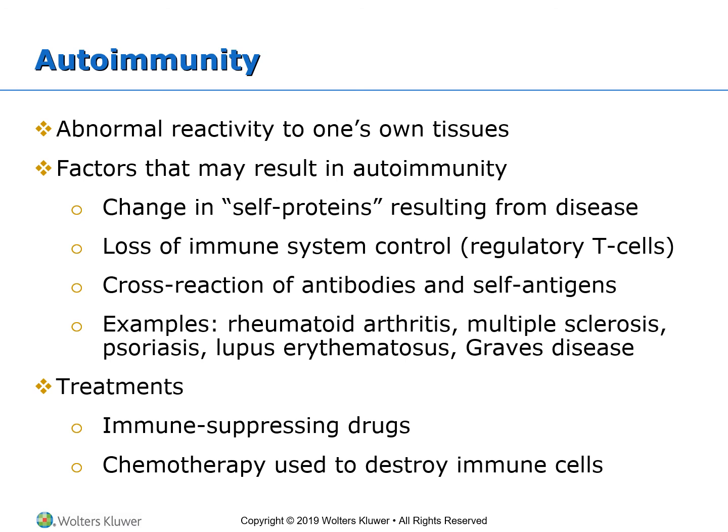Or the antibodies developed against the pathogen will cross-react and will recognize as non-self some of the body's antigens. A typical example is rheumatic fever, when the antibodies that are produced against the strep will attack the heart valves.